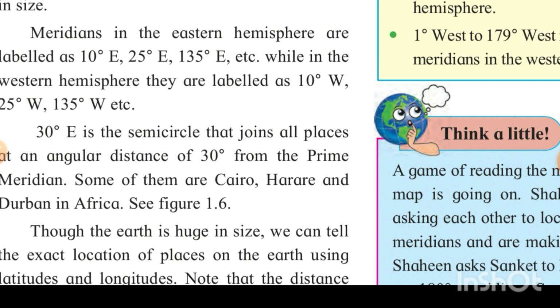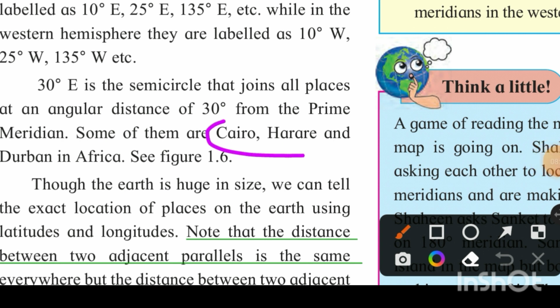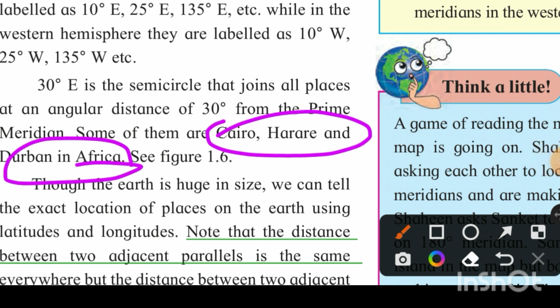Okay, and 30 degree east is the semicircle that joins all places at an angular distance of 30 degree from the prime meridian. Some of them are Cairo, Harare, and Durban in Africa. So let's remember these names, and with the help of these names, we will try to understand what they are trying to say.